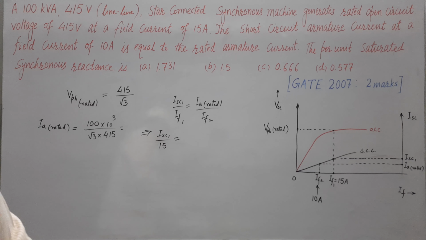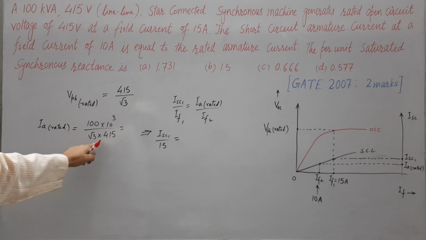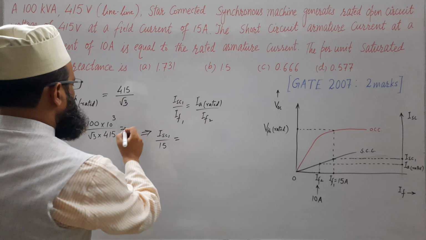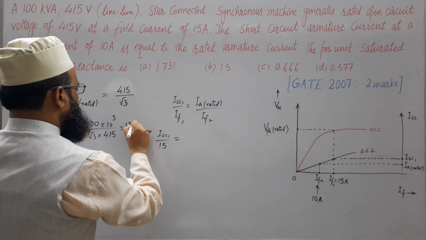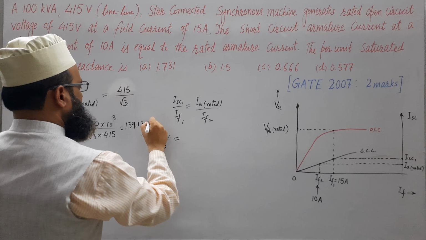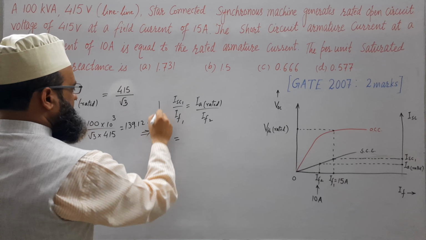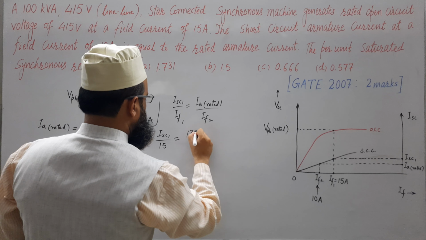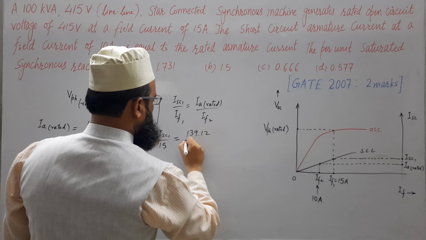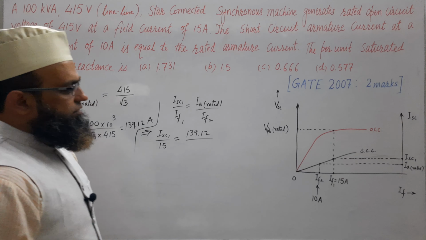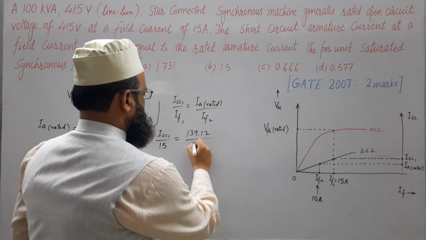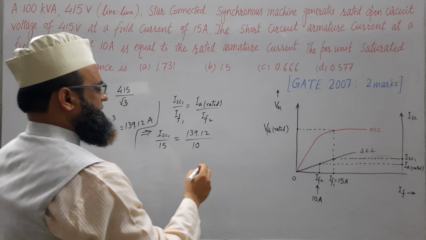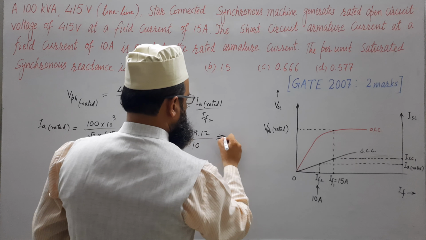IA rated comes out to be 100 into 10 to the power 3 upon root 3 into 415, which is 139.12 ampere. So substitute IA rated as 139.12 upon IF2, which is 10 ampere.